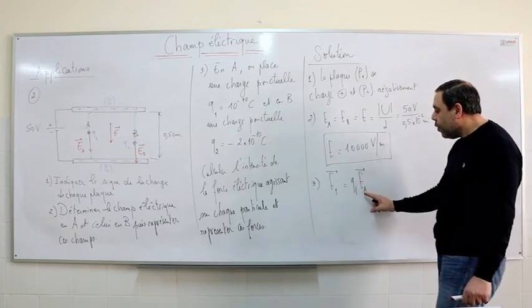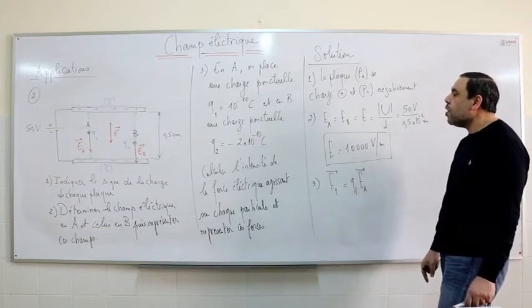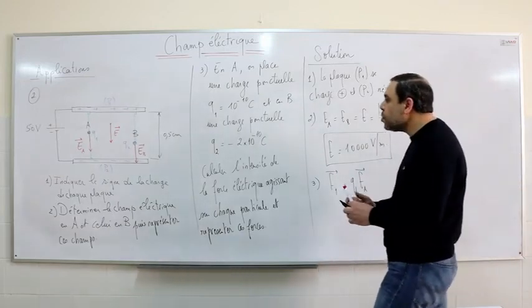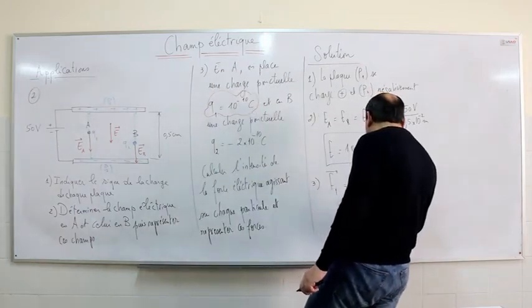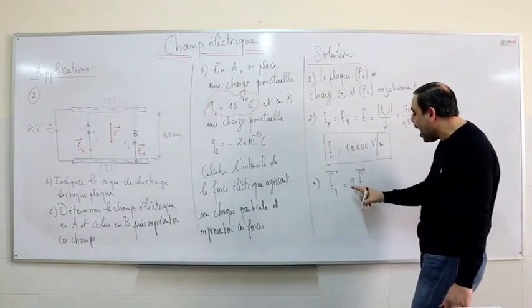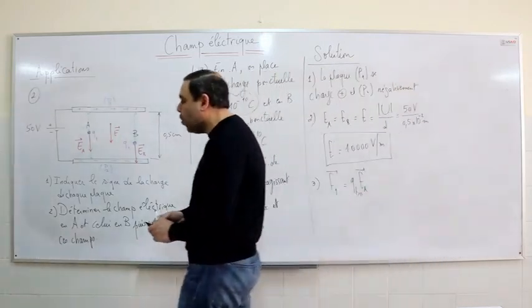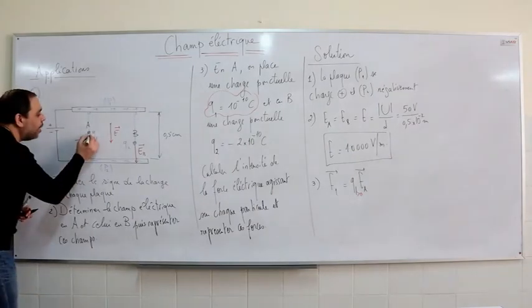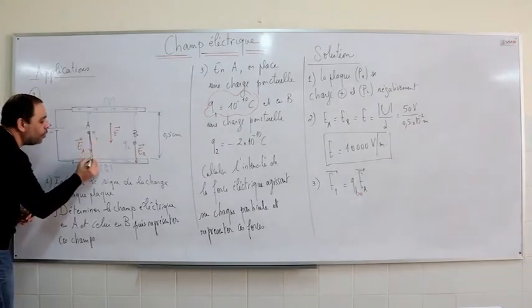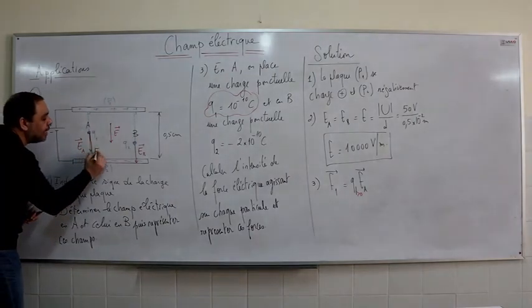F1 and EA are proportional vectors. That is to say, they are parallel. But since Q1 is positive, F1 and EA are parallel and have the same direction. F1 is drawn like this, parallel and with the same direction as the electric field.